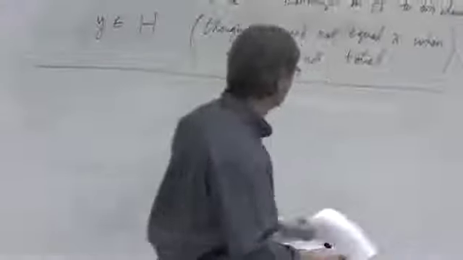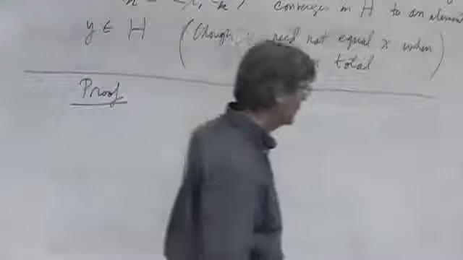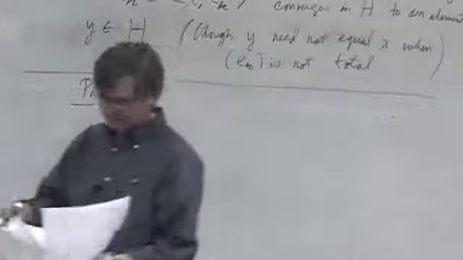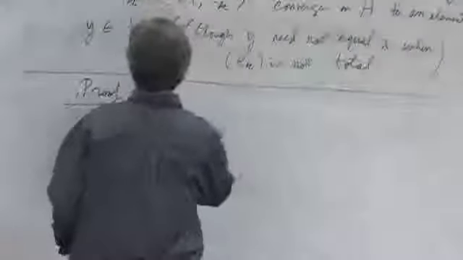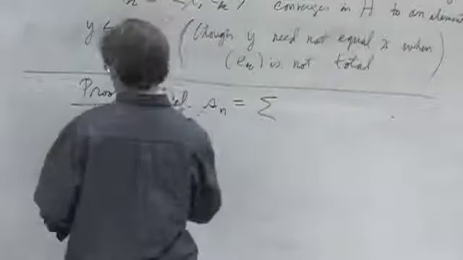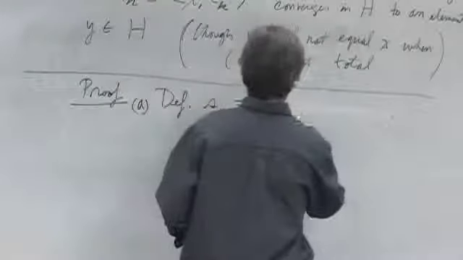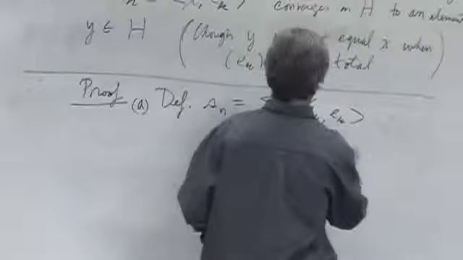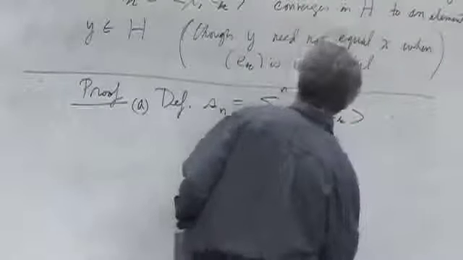Okay, so we could do an example. I think I put one in the notes, but maybe we should prove this theorem first. Proof. How do you prove this thing? A, how do you know that this converges if and only if the series is finite? This is going to follow pretty easily because what I'm going to do is put Sn equal to the sum, this is A, Sn equals the sum k goes from 1 to n of alpha k times ek.